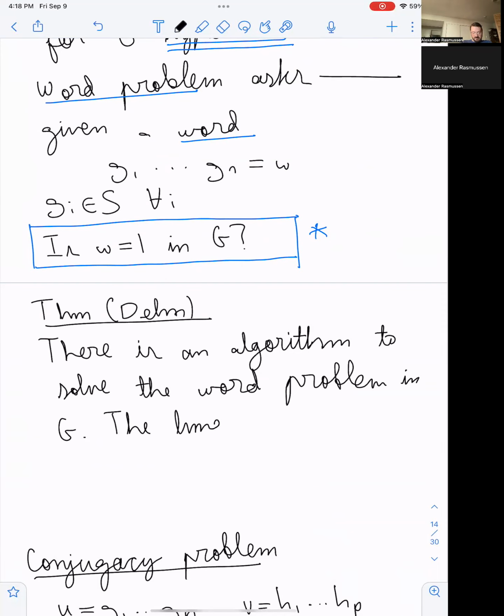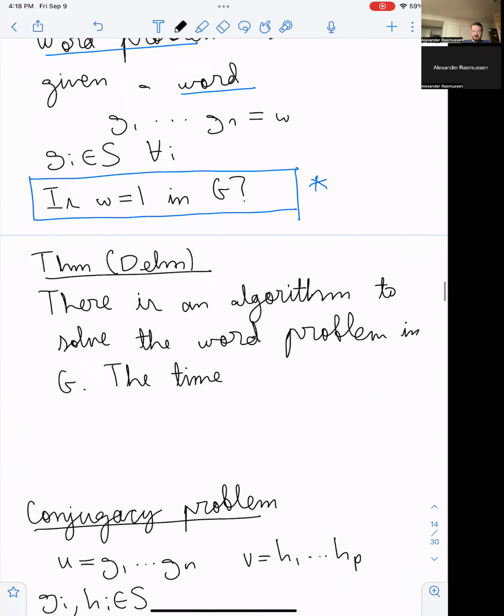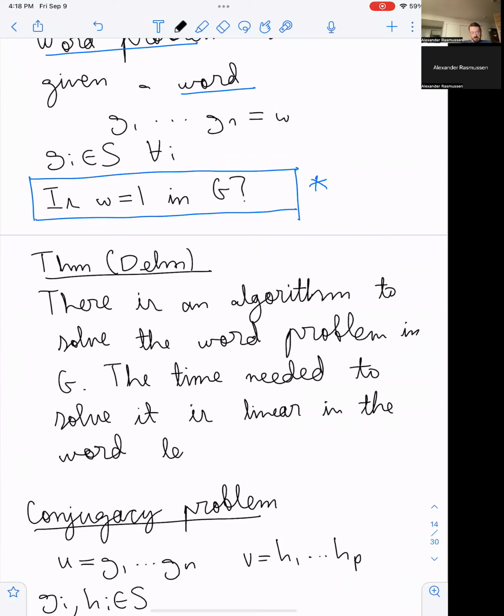And in fact, this algorithm is really efficient. So the time needed to solve it is linear in the word length n. Okay, so you can write a computer program which will take in some random word in the generators and tell you if it's a trivial group element or not.